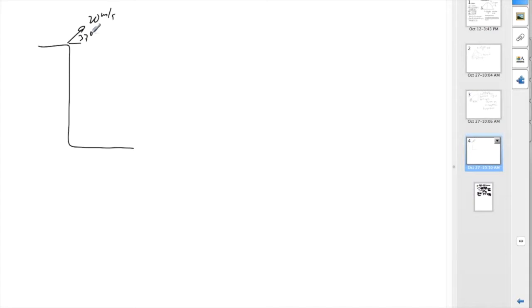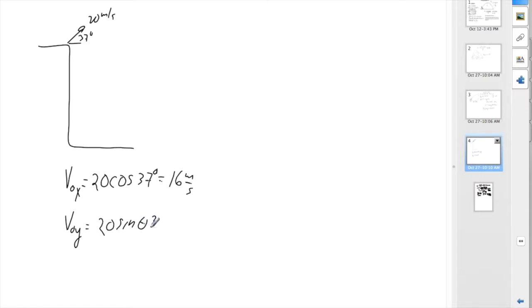So almost no matter what I do, V0 in the x direction, 20 cosine 37 degrees, 16 meters per second. V0 in the y direction, 20 sine 37, 12 meters per second.